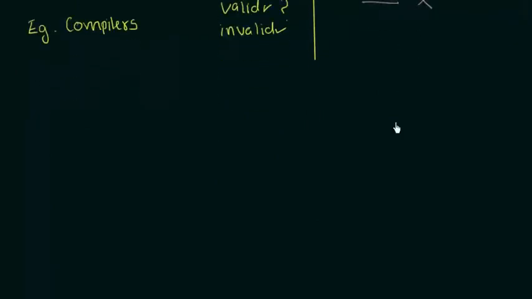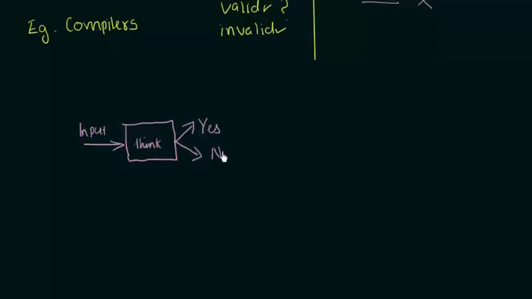So what is this subject all about? In this subject, we have a system or a machine. We design a machine, and then we send an input to this machine. The machine thinks about this input based on some formula or some rules, and it either says yes and accepts the input, or it rejects the input.